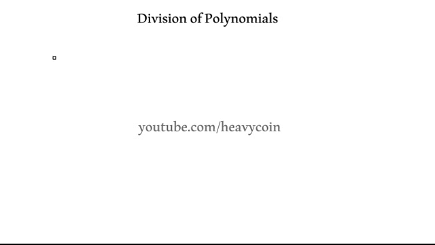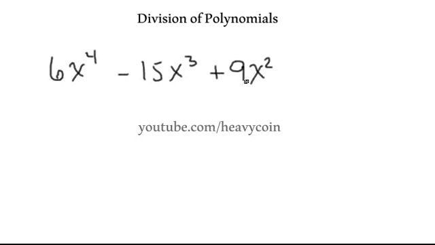Alright, in this particular one here, we're going to say 6x to the 4th minus 15x cubed plus 9x squared, and that's going to be all over 3x squared.